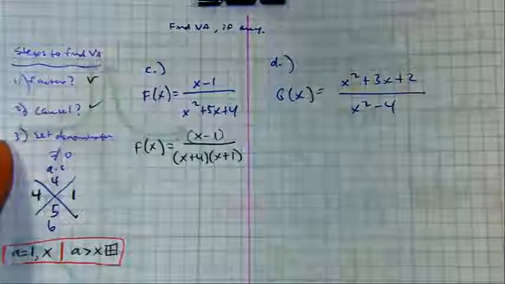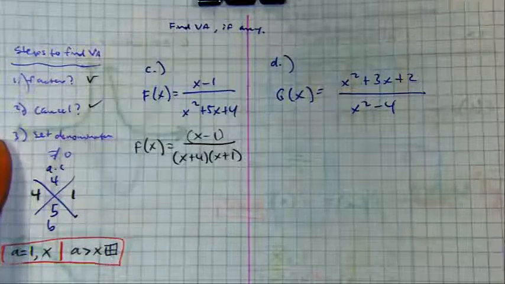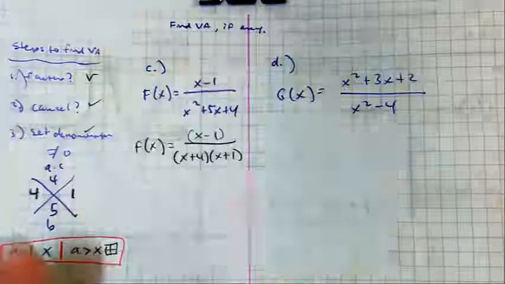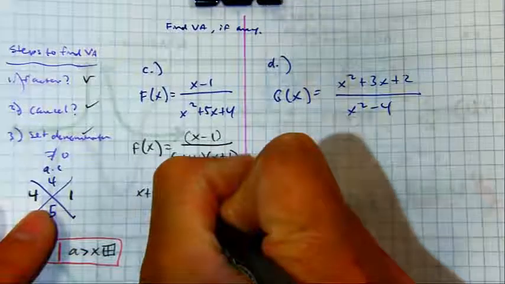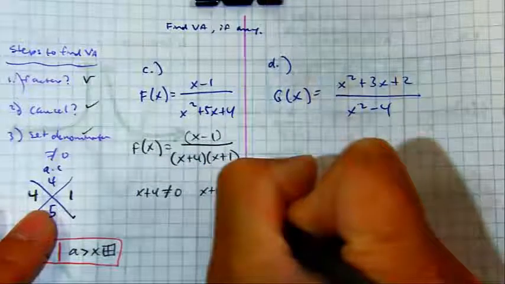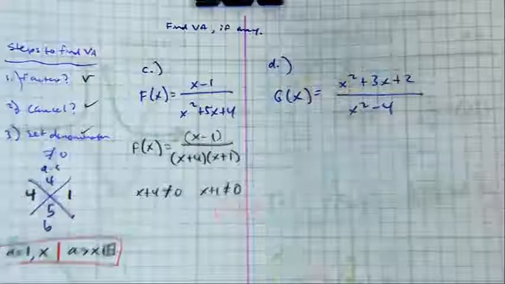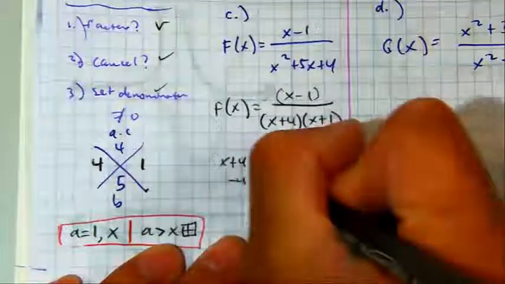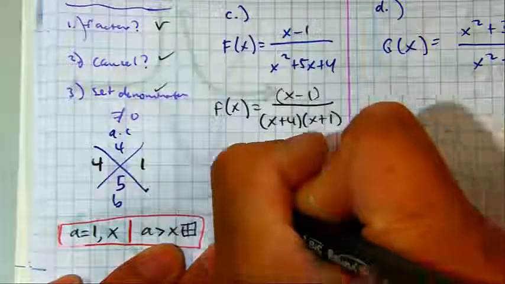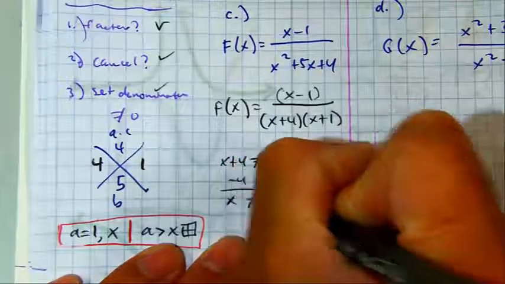What's the next thing we need to do? Set the denominator not equal to 0. So x plus 4 cannot be equal to 0, and x plus 1 not equal to 0. If you subtract 4 from both sides, x is not equal to negative 4.